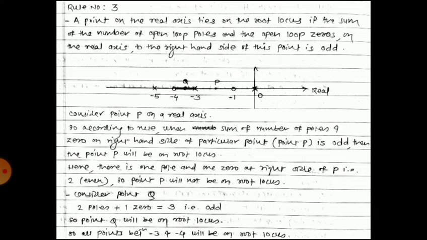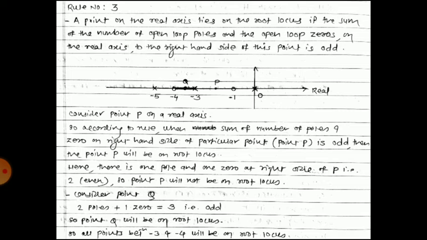According to the rule, when the sum of the number of poles and zeros on the right hand side of a particular point, that is point P, is odd, then the point P will be on a root locus. Now see the number of poles and zeros on the right hand side of P. There is 1 pole and 1 zero, so that is 2, an even number.